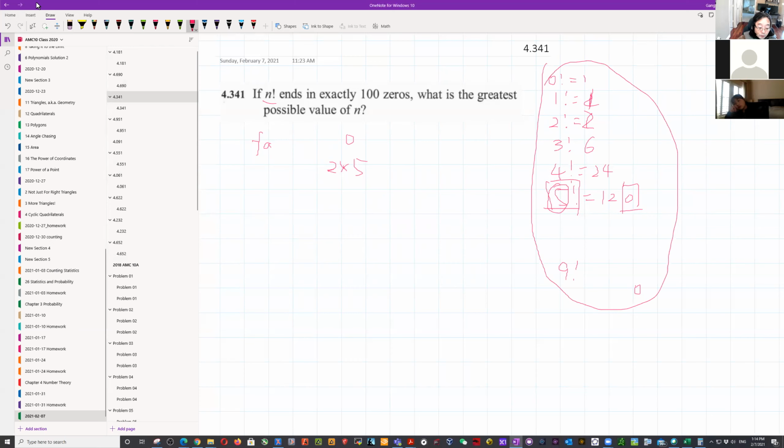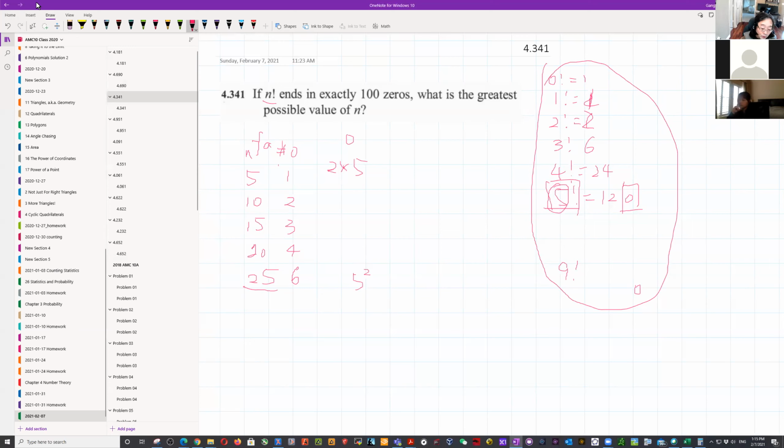So after listing this, I will make a second list. The second list will be like: 5 gives 1 zero. So this is the n, and this is the number of zeros. 5 will be 1, 10 will be 2, 15 will be 3, and 20 is going to be 4, and 25 is actually going to be 6, because the first four each contribute a zero, and the factor 25, because it's 5 squared, contributes two zeros.